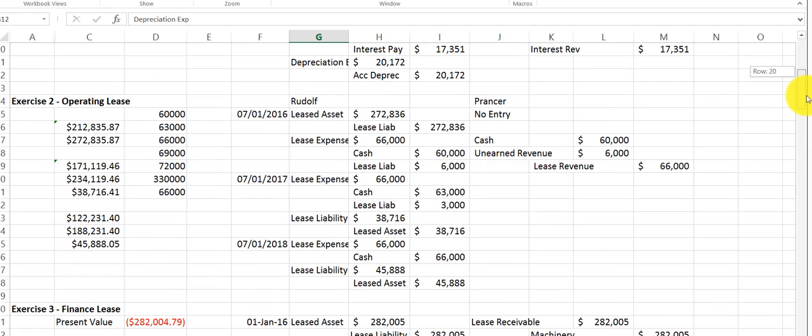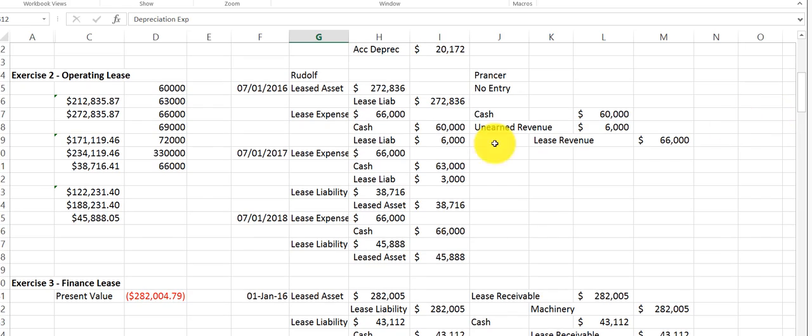Problem 2, or exercise 2, is an operating lease. It does not fit the criteria for a finance lease. So it has payments like this: 60,000, 63, 66, 69, 72. We are going to use the net present value formula here that gives us a way to figure it out with unequal payments.